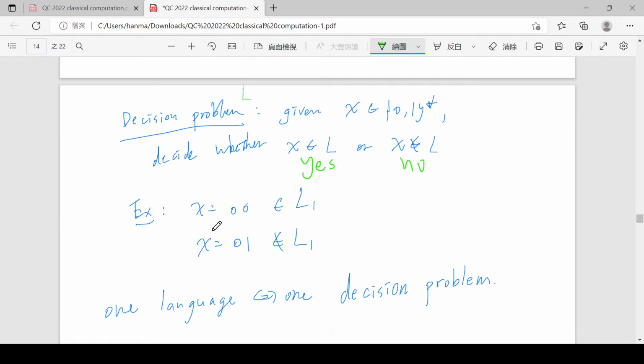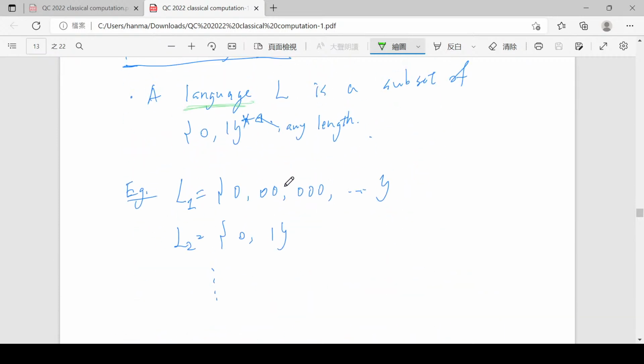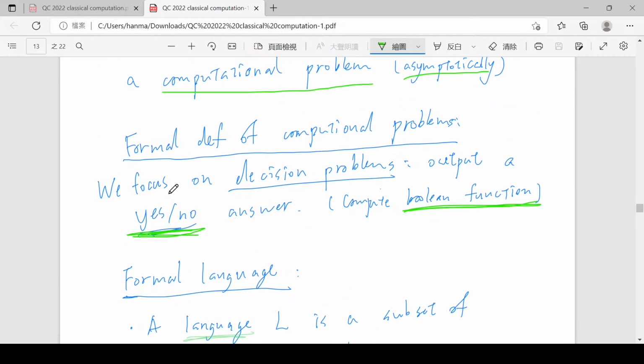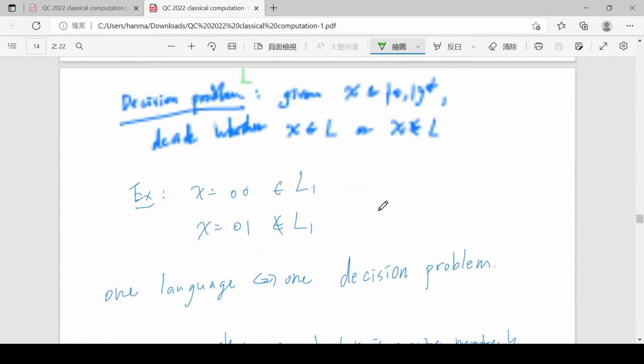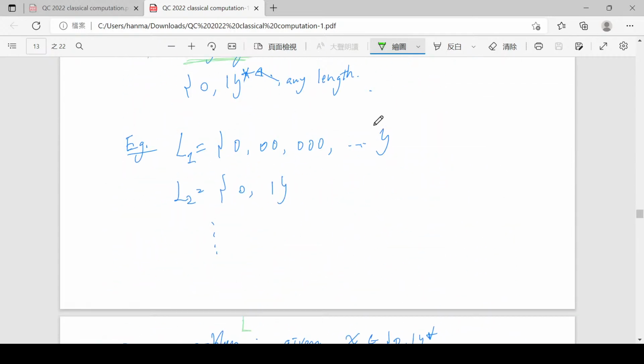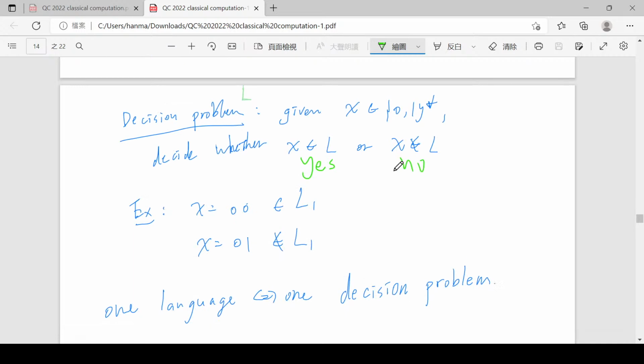And is your input of 0, 1 in this language L1? Then the answer should be no, because there is a 1, it's not an all 0 string. Okay. So this is just another way to describe Boolean function, but you put all the input sizes together. Basically, this is a truth table for your Boolean functions.